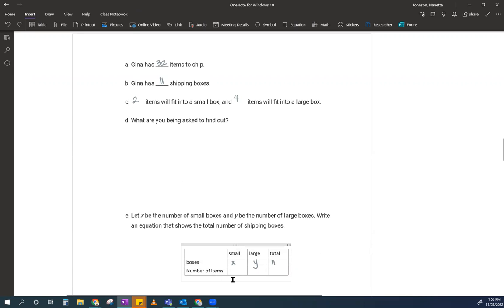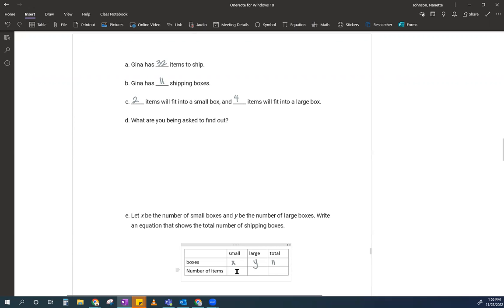So that means 2. Not quite. What if I had 2 boxes? Now you can fit 4, because 2 times 2 is 4. What if I had 3 small boxes? It'd be 6. So every single time, you're just multiplying 2 times whatever number I give you.